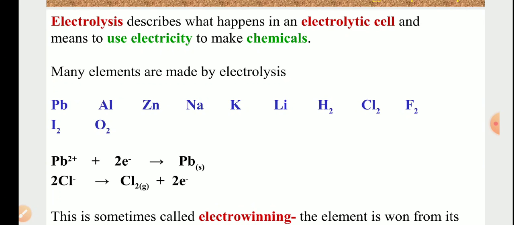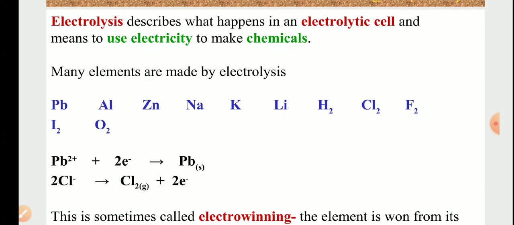Student, in electrolysis, the element or other thing obtained at the electrode is completely pure, because this type of movement and reaction is very selective. So we will get the compound or element in a completely pure state, that is 100% pure.